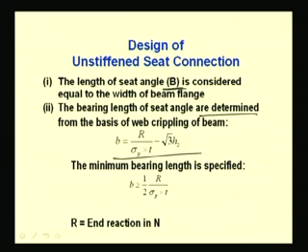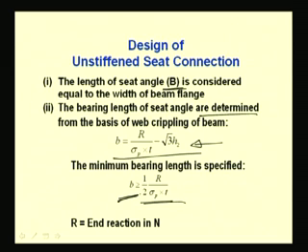To take care of this, the code has provided a formula: B should be equal to R by sigma P into T, minus root 3 into H2, where the minimum bearing length should be half into R by sigma P into T. So B should be greater than or equal to this value.